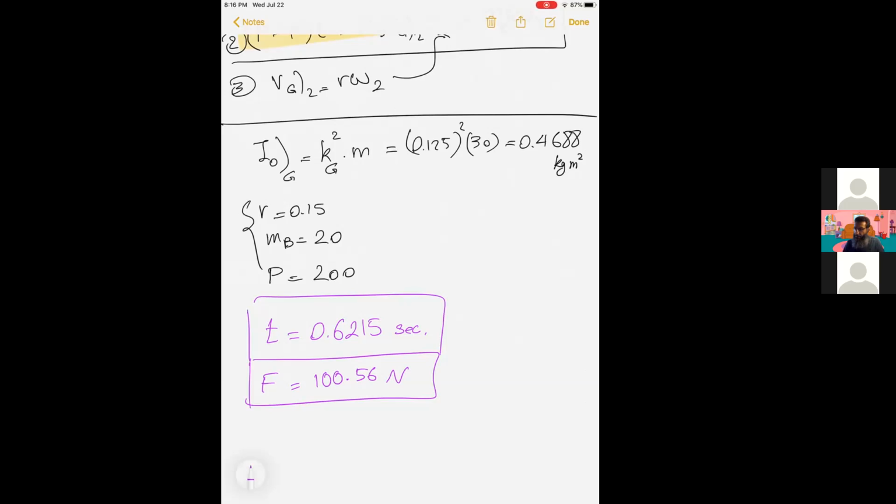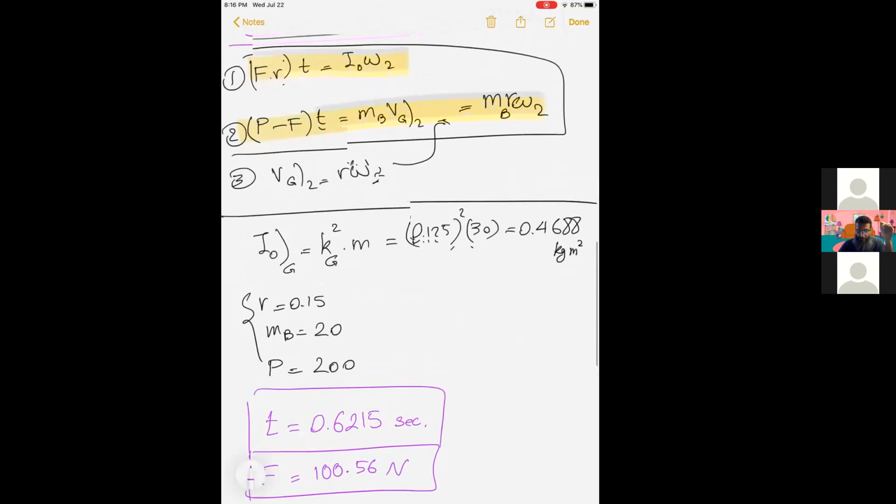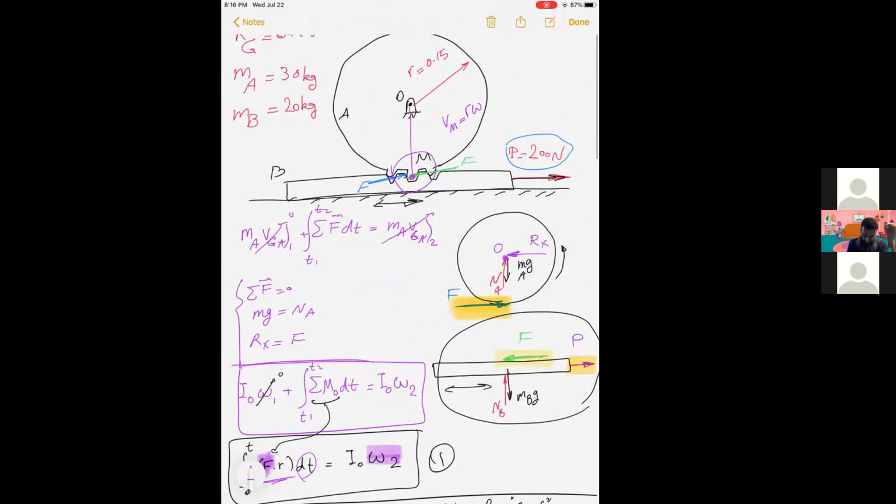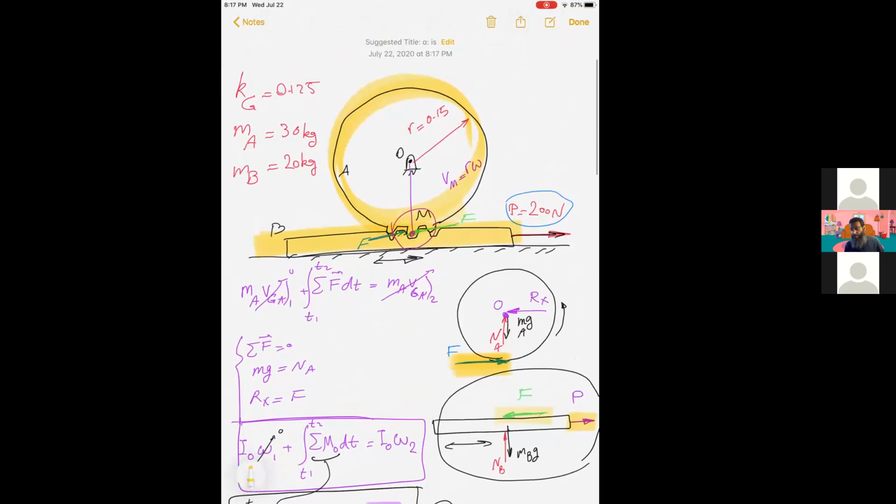So as you see here, you can use the impulse momentum relation to solve this. The interesting thing about this example is that you have two objects. One object has linear momentum only. One object has angular momentum only. You write the equations, you relate them to one another, and solve for the unknown.